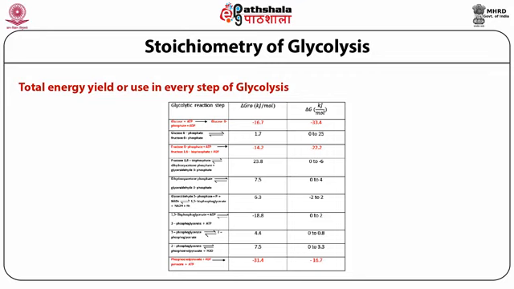The glucose 6-phosphate is then converted into fructose 6-phosphate; the reaction is reversible, and again you can see the reaction is exergonic. Likewise, it shows the energetics of each and every reaction.